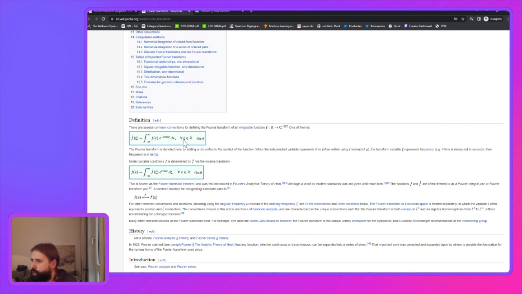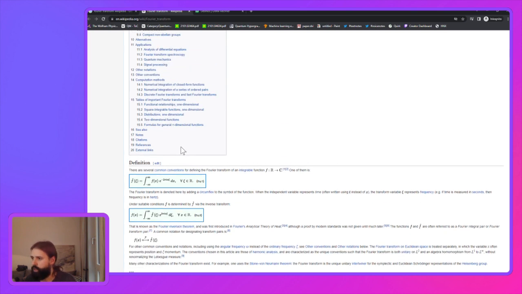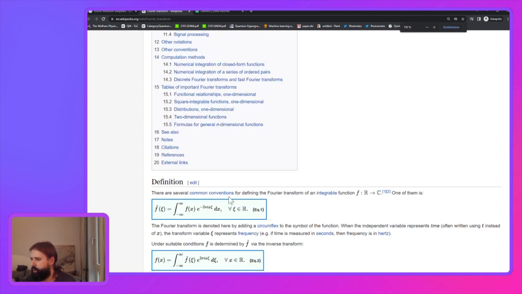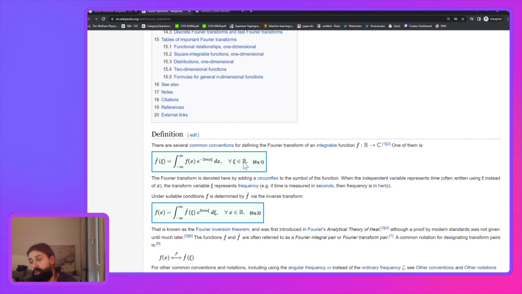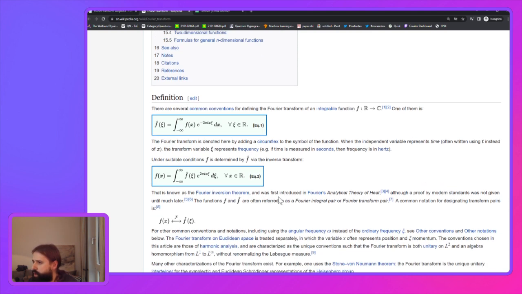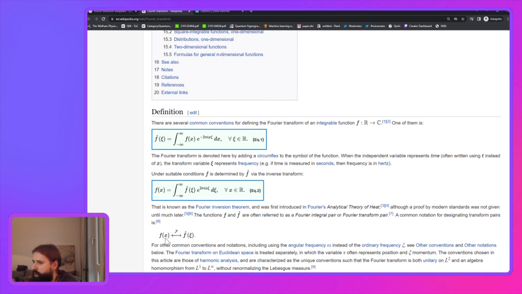This weird e, is it something you just say belongs to the reals, and then it depends on how granular you want to go? That's what I don't really get. So you go from f of x with the Fourier transform to this thing here.